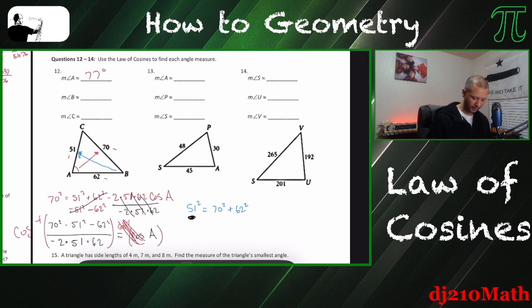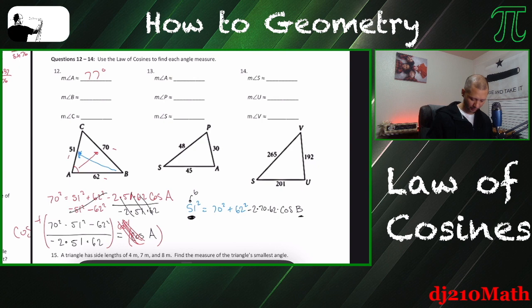Because this is going to end with cosine of big B. Well, this needs to be little b if this is big B over here. That's simply what it boils down to. So minus 2 times 70 times 62. And then obviously times cosine B.